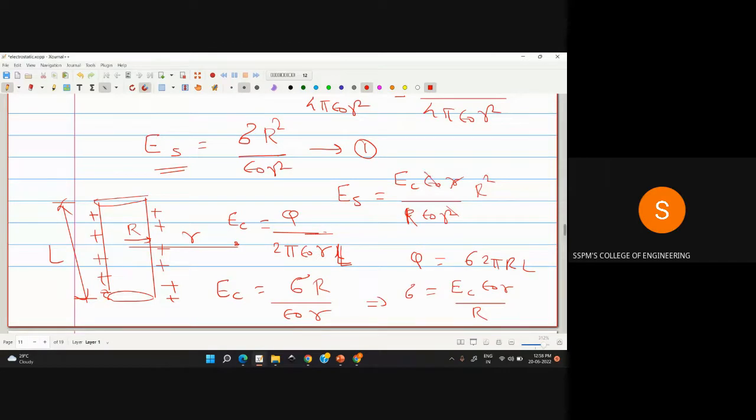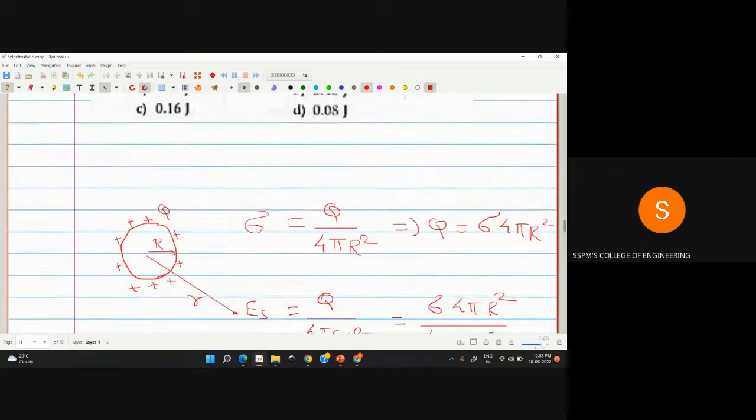Epsilon 0 will be cancelled, and the final answer: ES is equal to EC into capital R divided by small r. EC is for the cylinder.